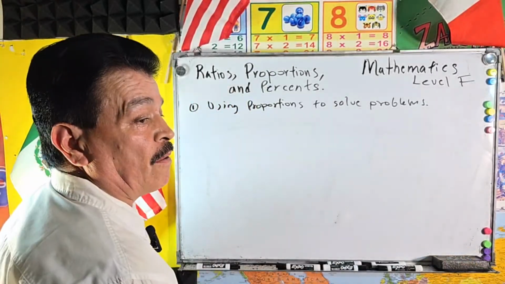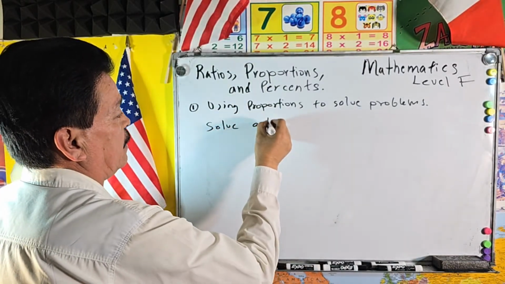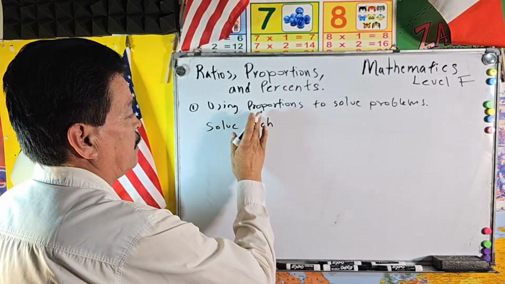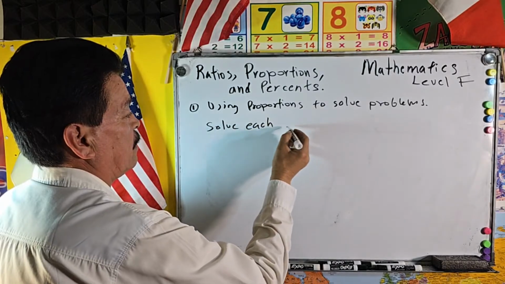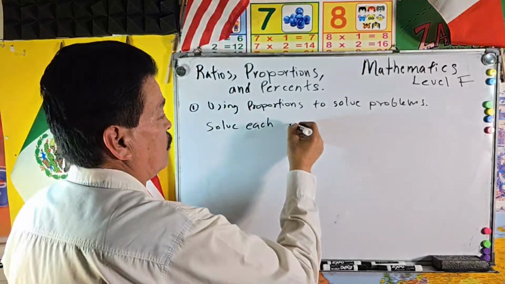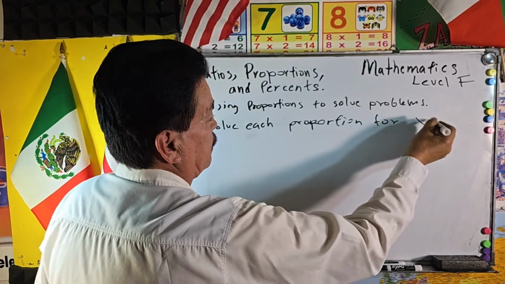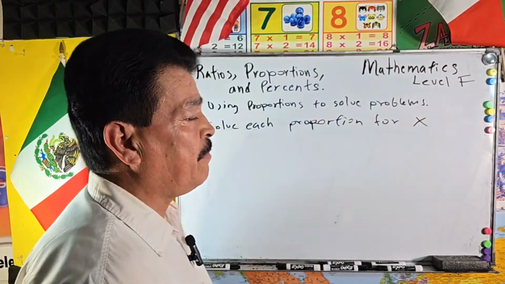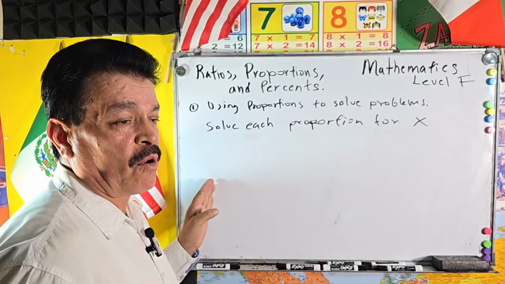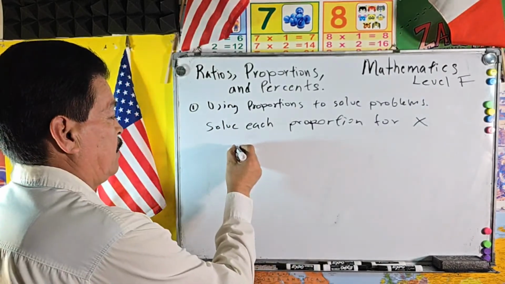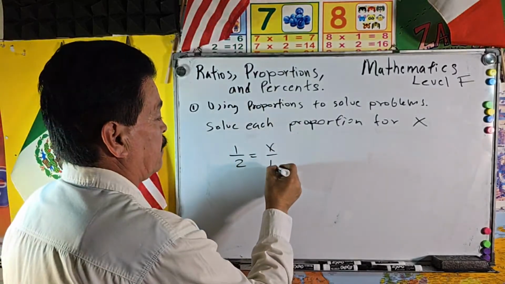Now we have to solve each proportion for x. In Mathematics level F, problems like this will come in the test. 1/2 equals x/10.